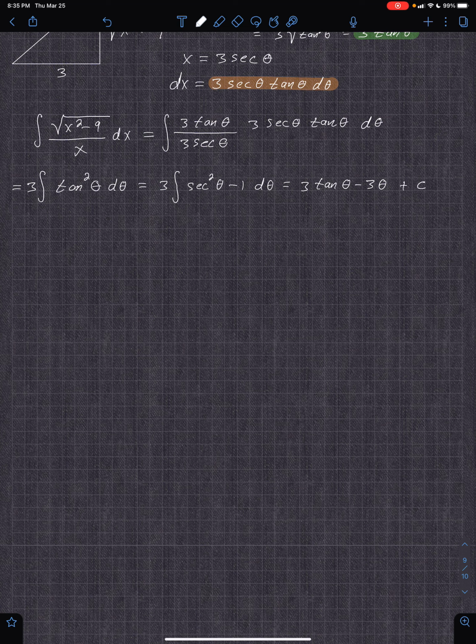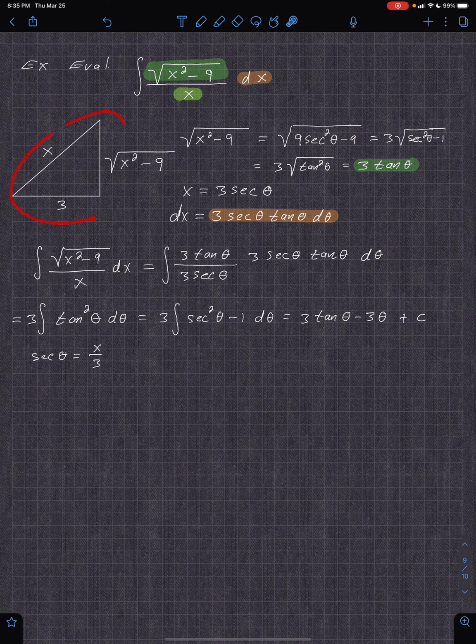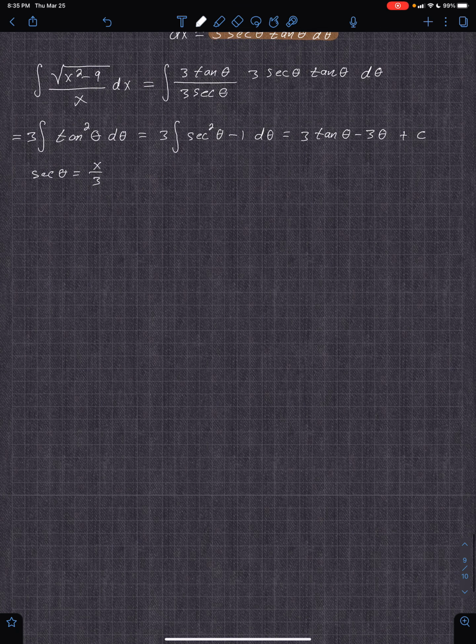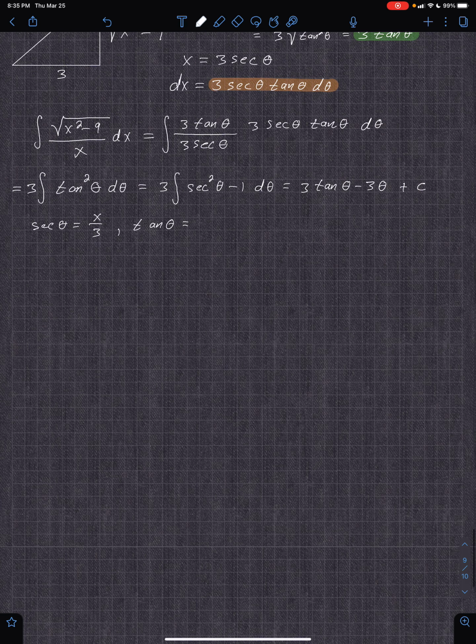Now we substitute back. So secant theta is x over 3. I'm getting that from the triangle each time. And we have that tangent theta is opposite over adjacent, so it's the square root of x squared minus 9 over 3. And we're going to need theta, so theta is equal to secant inverse of x over 3.